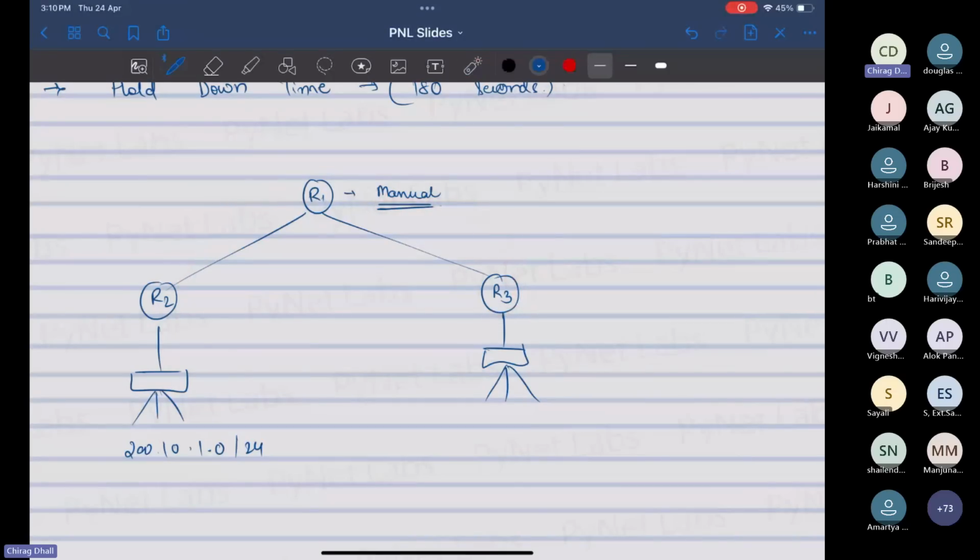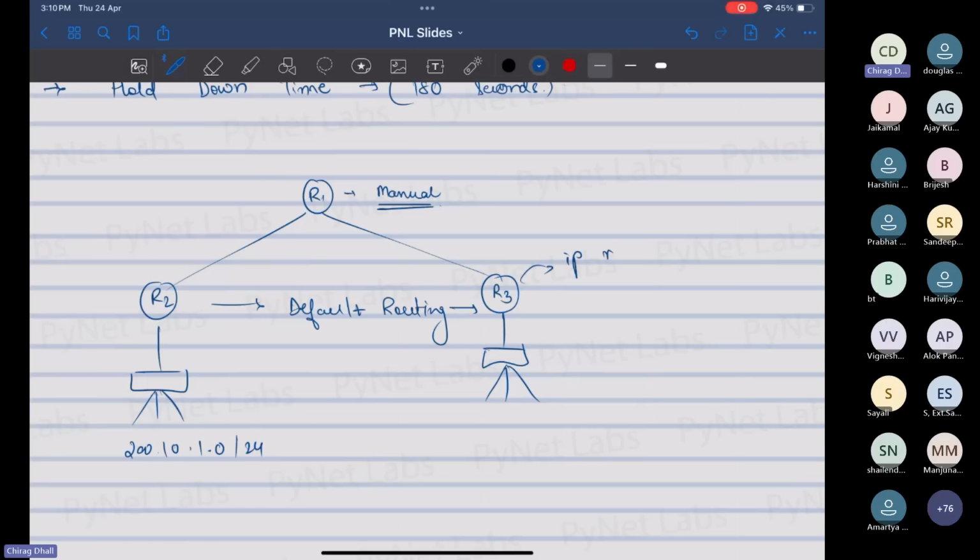So we can implement something called default routing here, specifying the only exit point for all the indirectly connected networks.